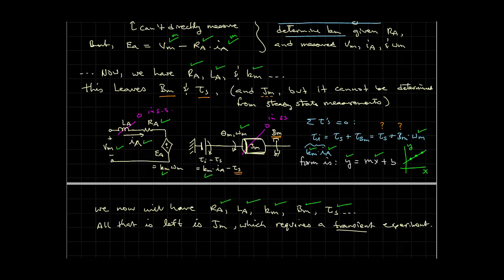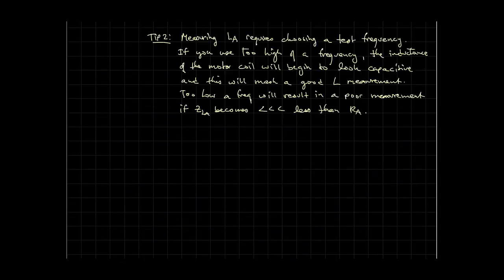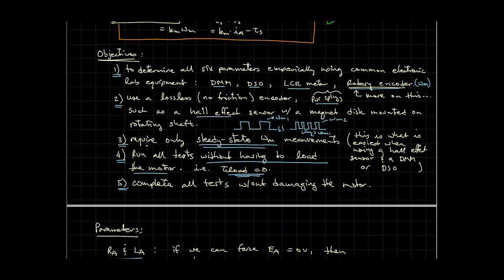All that is left to determine is Jm, and this will require a transient experiment, not a steady state one. So we have to go back and think about something that we're going to capture in time that will show how the motor spins up or how the motor spins down. And we're going to have to do that with the caveat that we stated at the beginning, which was that we only take steady state omega m measurements.